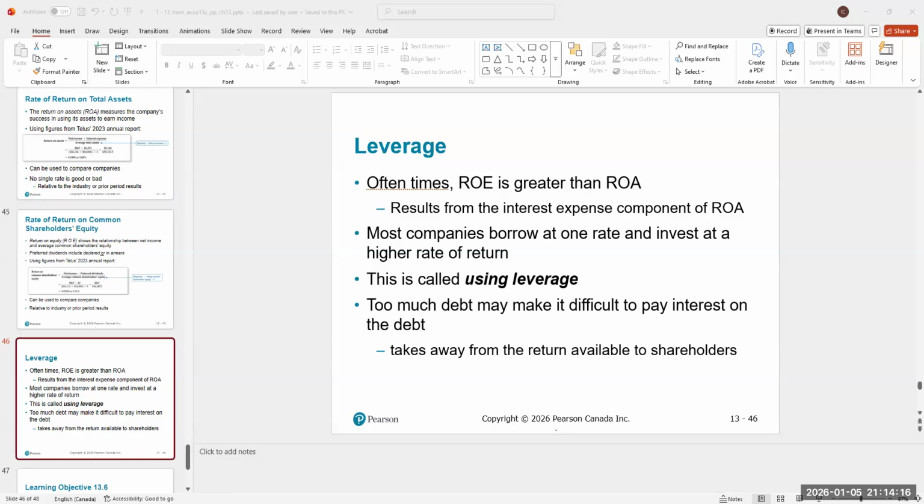Obviously, what do you prefer, more equity or more debt? Well, that depends on the company and the industry. But think about it. If you borrow at 3% and with that capital you're generating 10%, you're making 7% right there.